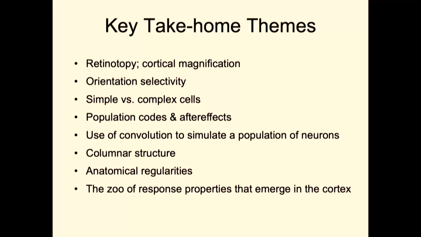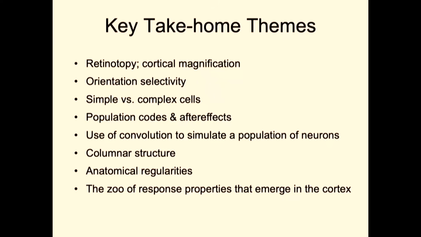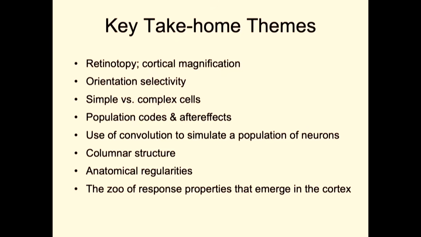The idea of population codes and how they are used to infer aftereffects, and how aftereffects provide evidence for population codes. If you analyze a population of neurons, you can estimate stimulus properties. The use of convolution to simulate a population of neurons that has the same kind of receptive field at different spatial positions. Columnar structure as a central organizational principle of the brain.